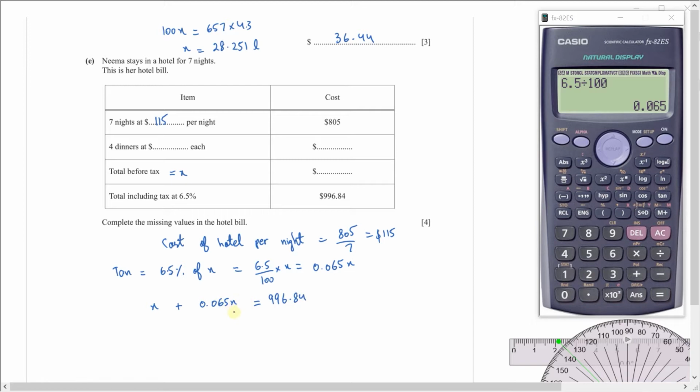So from this we can calculate the value of X. So this plus 1 will give you 1.065X equals to 996.84, and X will be 996.84 divided by 1.065. So this value here is $936. So your total before tax is 936.